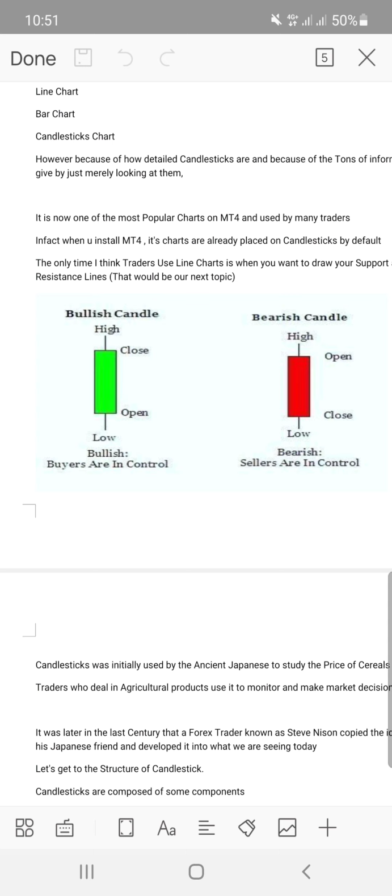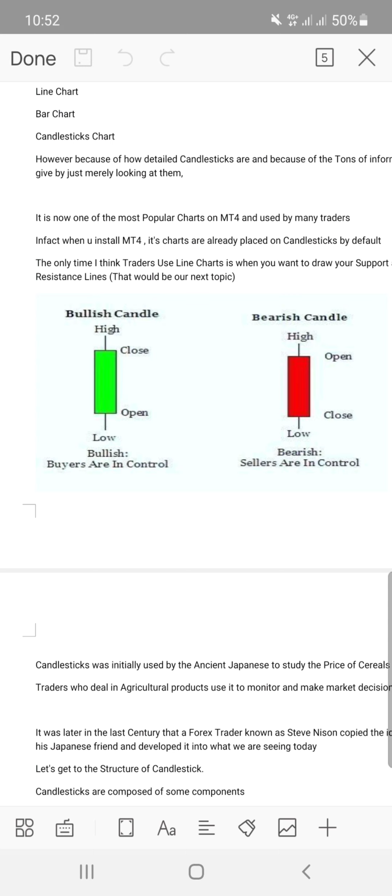Now, in every candle, we have what we call the low, the high, the open, the close, and the candle body. Depending on whether it is a bullish or a bearish candle: bullish candles are candles that are green in color, but in some charts you see them as white candles.